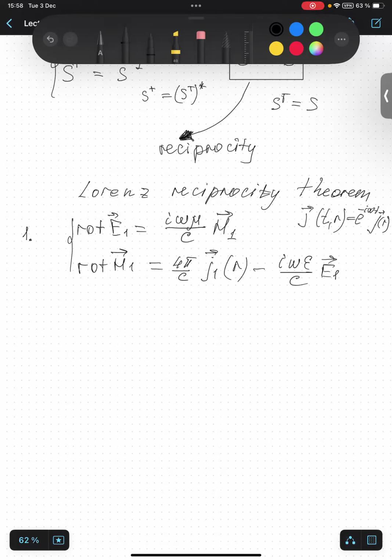This is the first source, but we also have the second source. As we said, we have two independent solutions.